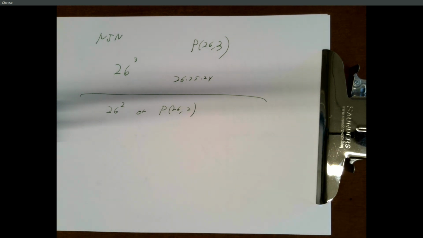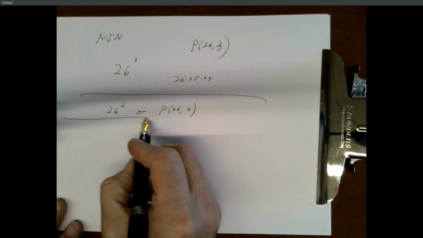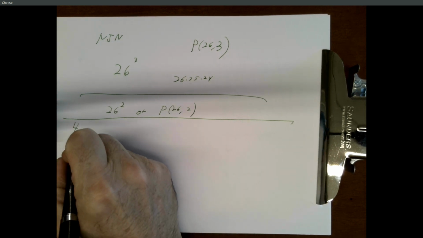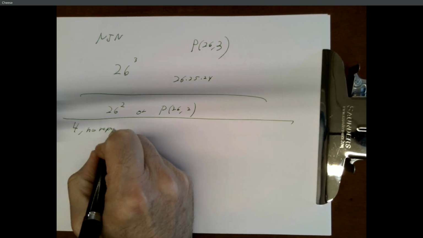Right, so question 2, password questions. These are always good fodder for final exam questions. That's a hint. Uppercase letters, 4 uppercase letters, no repeats allowed. Okay, so 4 letters, no repeats.